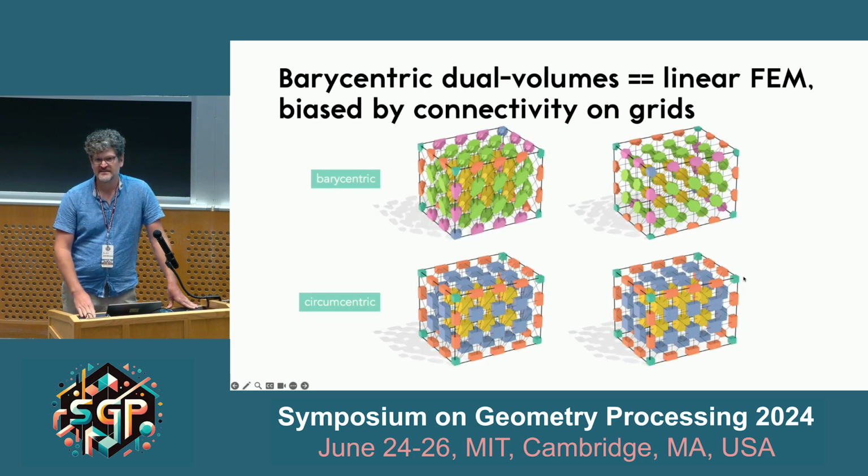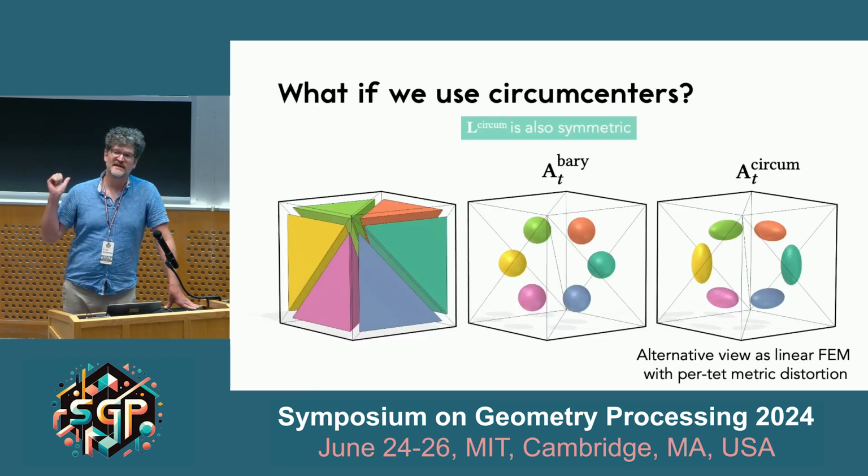So the difference between these two images is which way each of the cubes is tetrahedralized. In contrast, if we switch barycenters for circumcenters of each of the sub-elements when we construct the finite volumes, then we get this perfect unbiased behavior on the regular grid. We can take that circumcentric dual volume and reverse engineer this AT matrix that for barycentrics was just an identity.